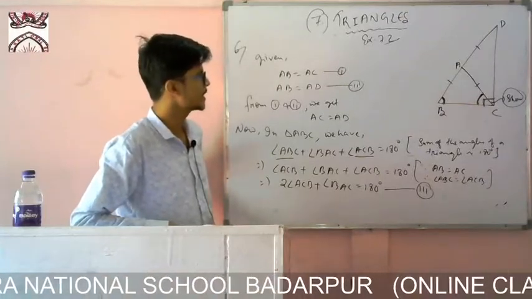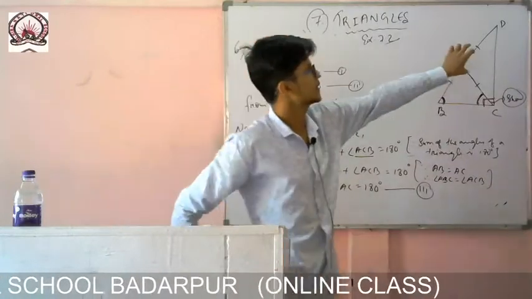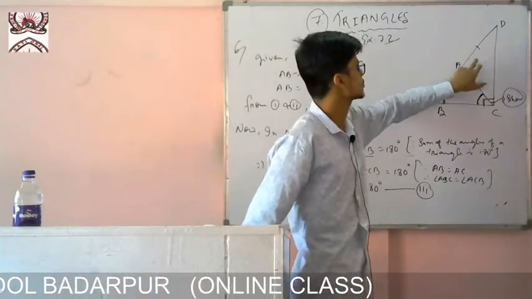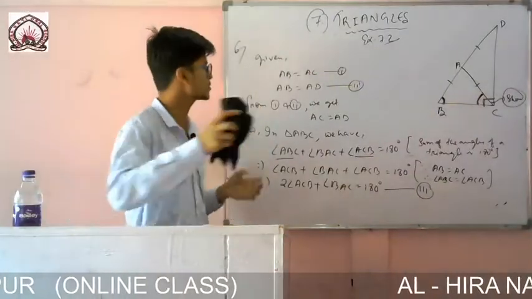Now similarly we will take another equation from triangle ACD. I will take this triangle ACD. So there also two sides are equal. So these two angles will also be equal. So for that one also it will be similar.